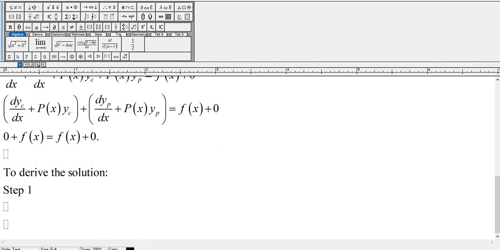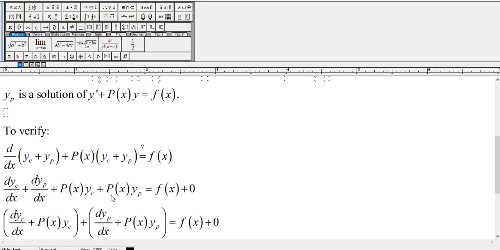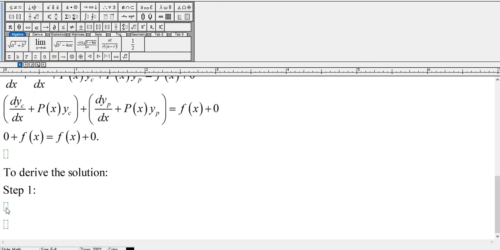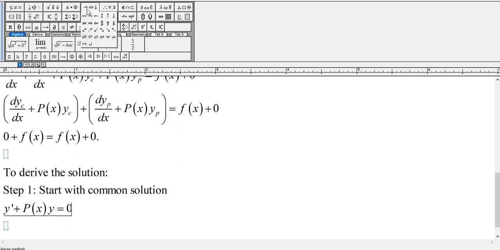So step 1, we're going to set up our common solution equal to 0. So step 1, start with the common solution, and we have that.